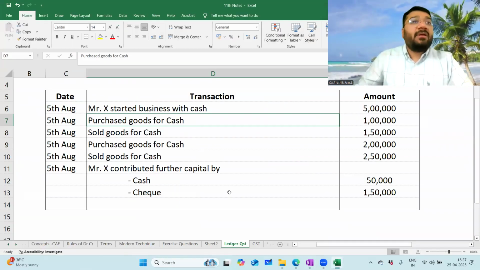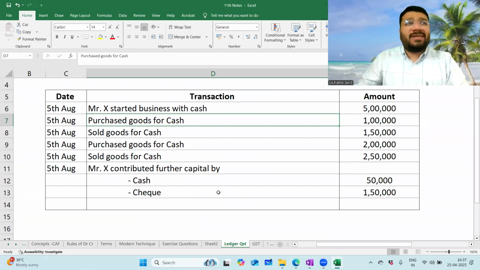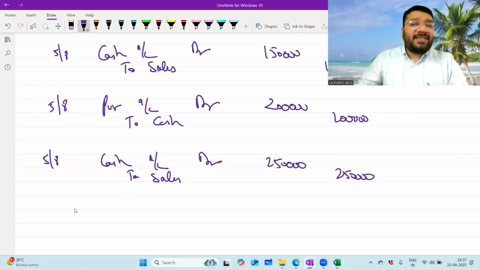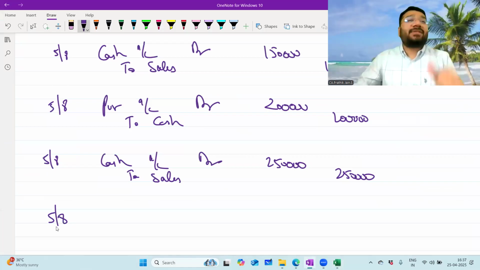Then Mr. X contributed further capital. He gave further capital, cash 50,000 and cheque 1,50,000. A cheque is given, so where will you put it for clearing? Bank only.